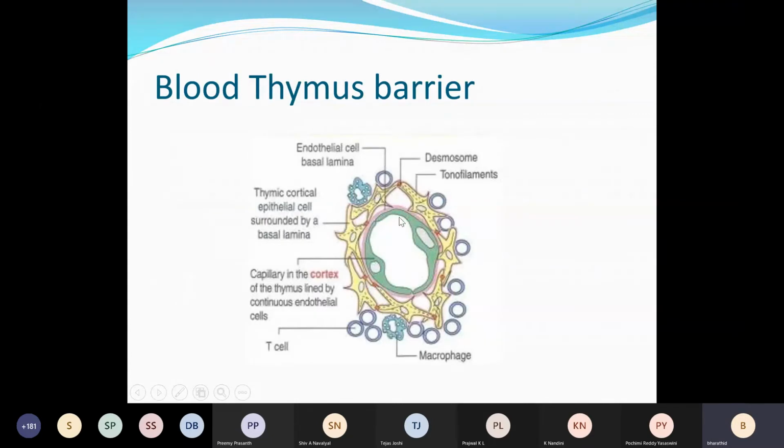So what do we mean by blood thymus barrier? You can see it is formed by the following structure. You can see the blood vessel here, the capillary. Outer to this is the endothelial cell, the basal cell, and outer to this is a thymic epithelial cell. The thymic epithelial cell and the capillary together form the blood thymus barrier.